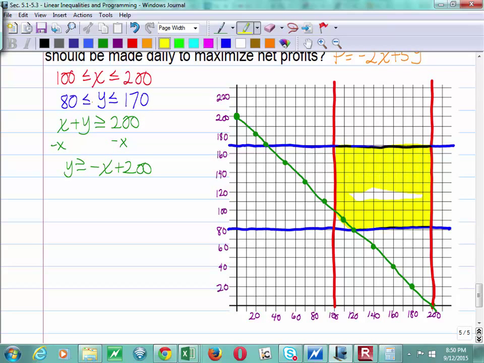And this feasible region has 5 corner points. 1, 2, 3, 4, 5. Alright, all very easily identifiable. Okay, so we've got 100, 170.